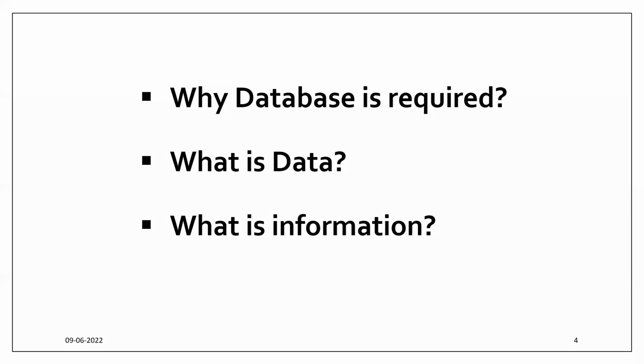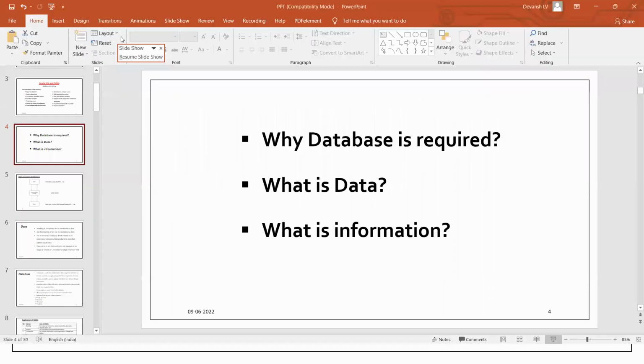Data about the data is called metadata. Metadata describes the data. When you add metadata, the data gets some definition, right? If you go through yesterday's video, you will get full clarity on that.